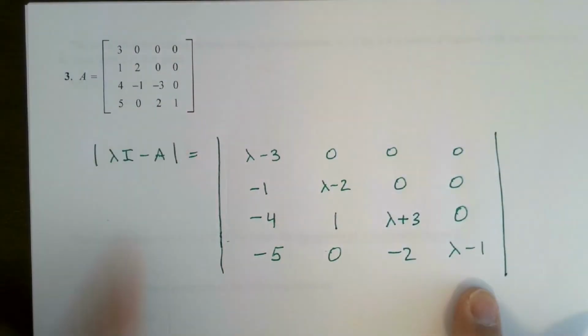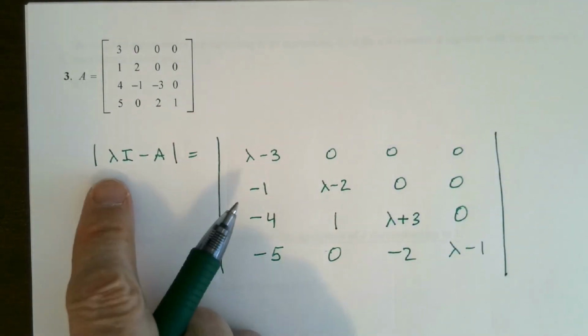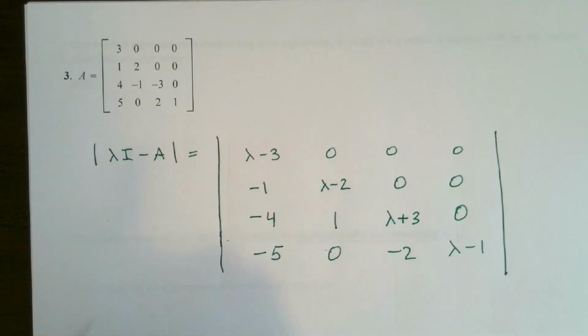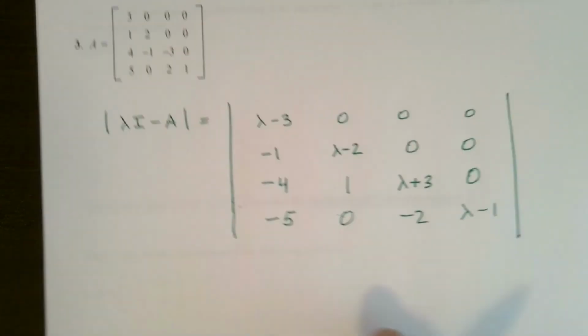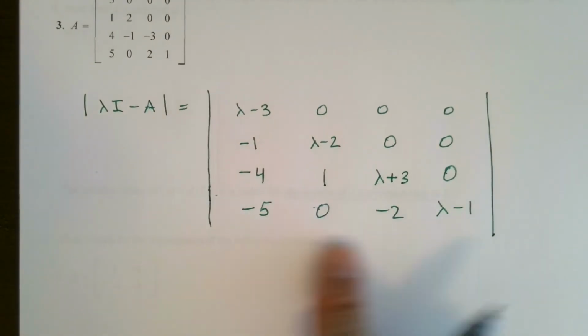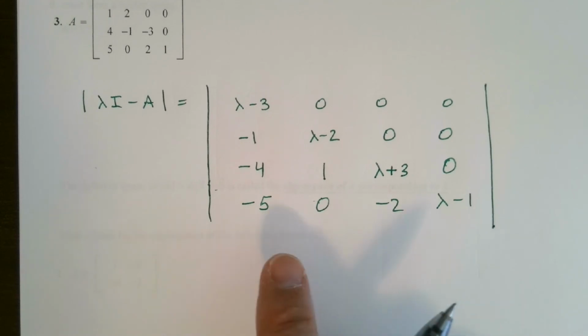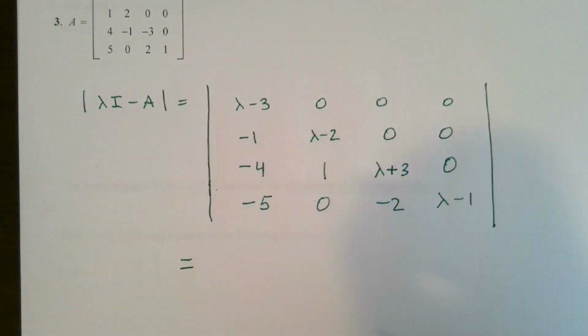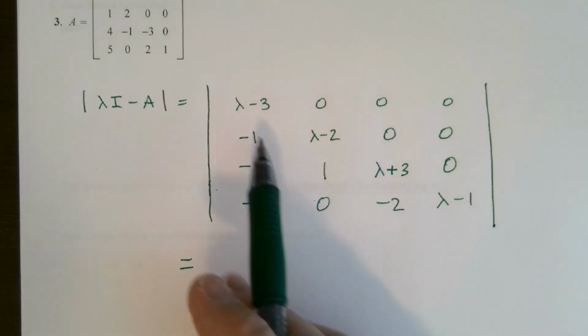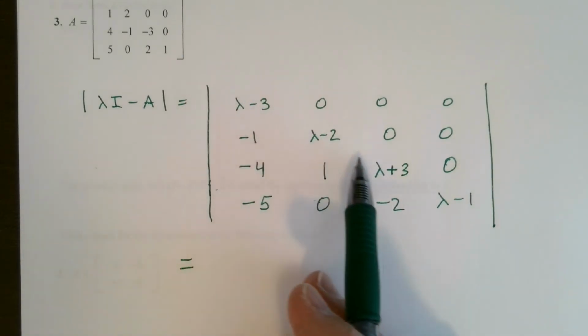Again, if you're having trouble constructing these, I would just go ahead and write out lambda I and then subtract A. Make sure you're clear on how to get all this. Now, notice our lambda I minus A is also lower triangular. And we know something about the determinant of any triangular matrix. What is the determinant of any triangular matrix? Remember, it's the product of the main diagonal entries.